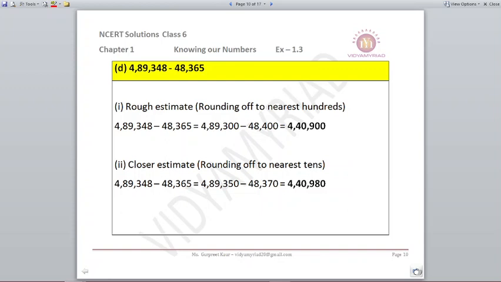Let's do it nearest to tens. So 489348: 8 is more than 5, it becomes 50 then, 489350. 48365: now 5, again we will take it to the next number, so it becomes 48370. Subtract them, your answer is 440980.